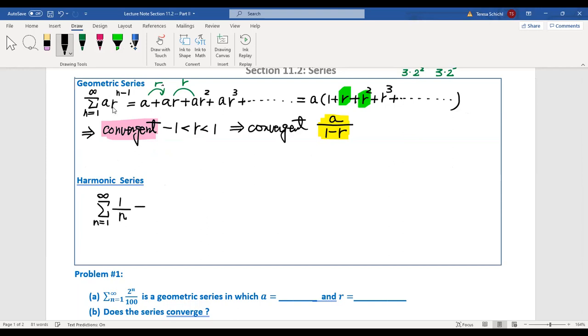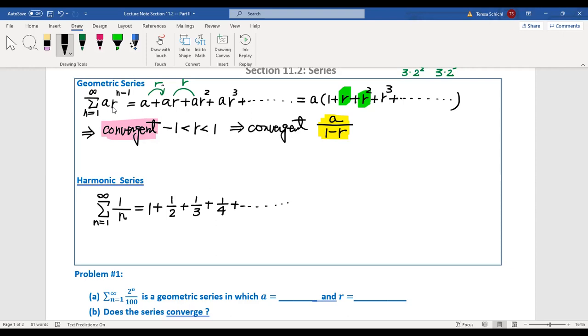So this is 1 plus 1/2 plus 1/3 plus 1/4 and so on. The reason we call it harmonic is that if you pluck strings with lengths 1, 1/2, 1/3, and 1/4, they produce a harmonious sound. That's why we call it a harmonic series.